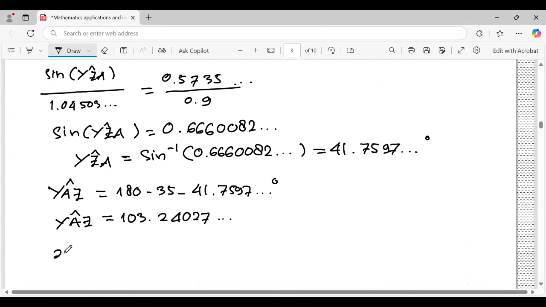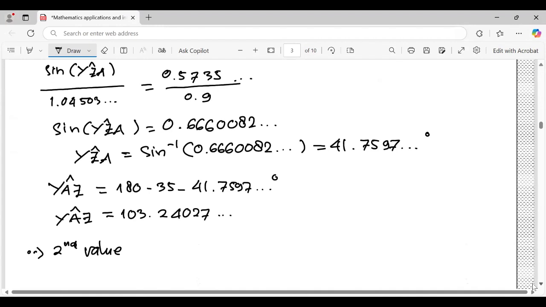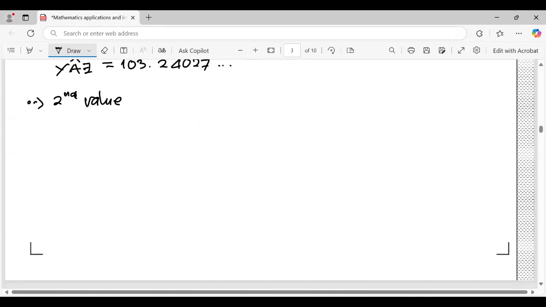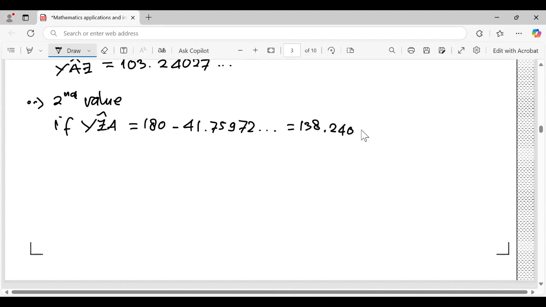And the second value, for the second value, scroll down first. If angle YCA equals 180 minus 41.75972, so on, equals 138.240, so on.